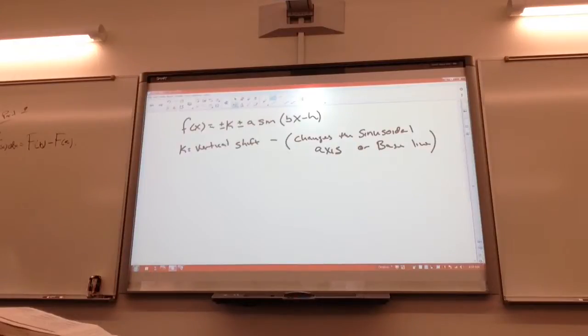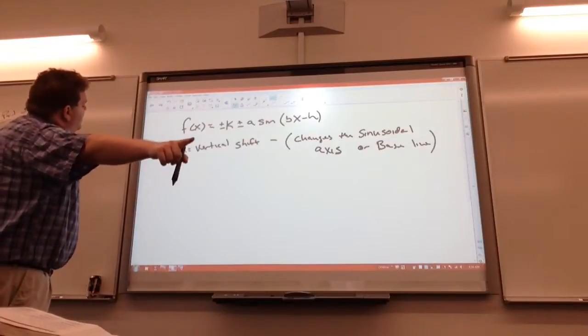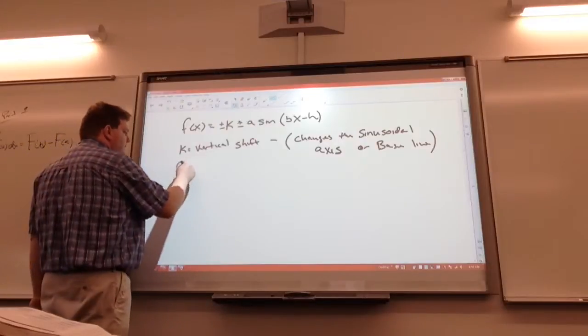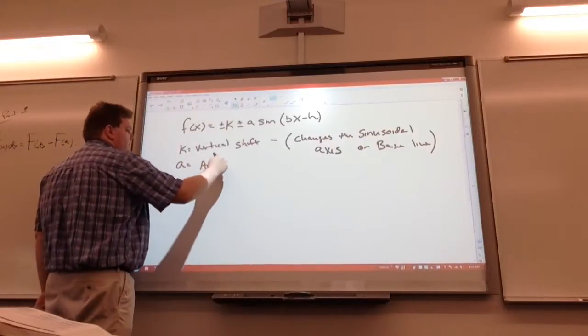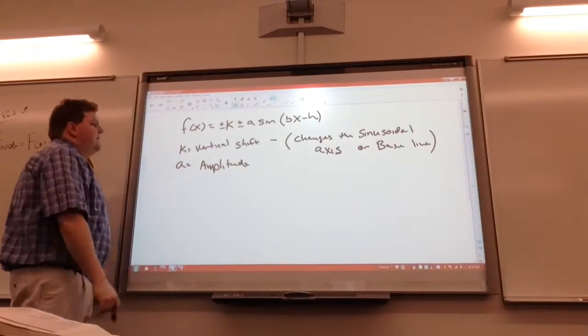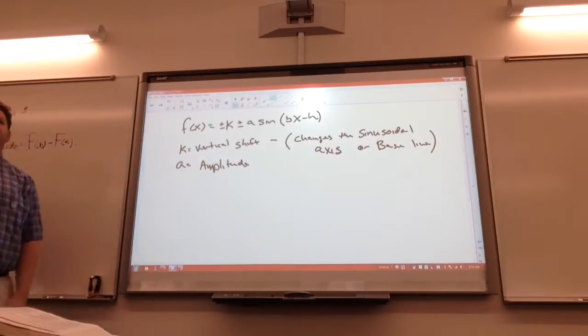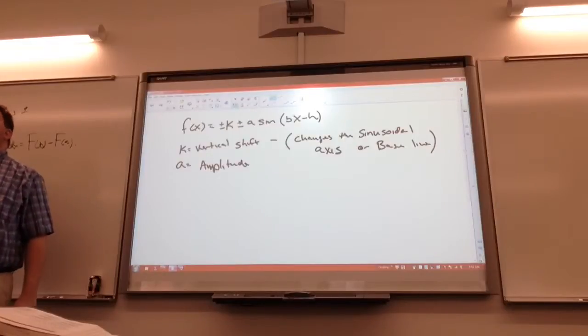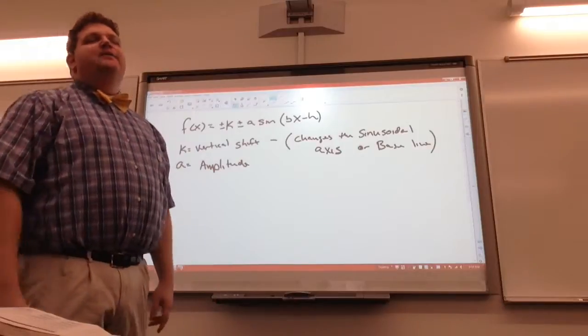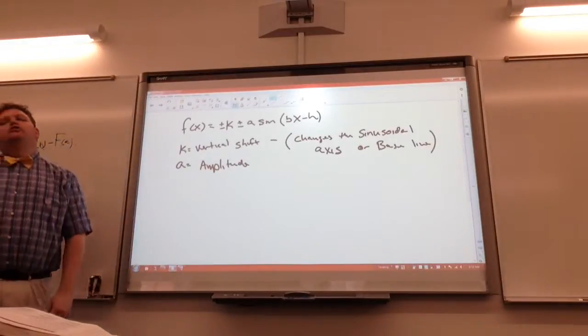Okay, good. What next? Amplitude. A affects amplitude. What does amplitude measure? Amplitude measures how high the crests are. Okay, good. It basically measures how high the crest goes, or how low the trough goes.